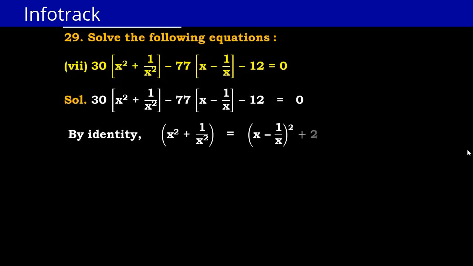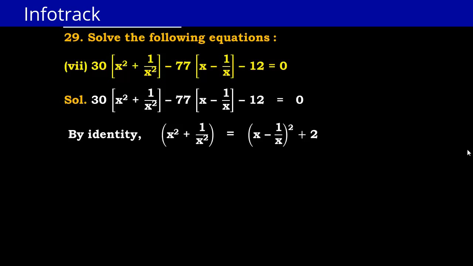So x square plus 1 upon x square is equal to x minus 1 upon x the whole square plus 2. Now see, this is an identity. That means instead of x square plus 1 upon x square, we can write x minus 1 upon x the whole square plus 2.